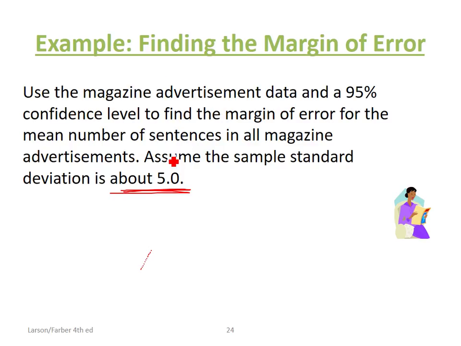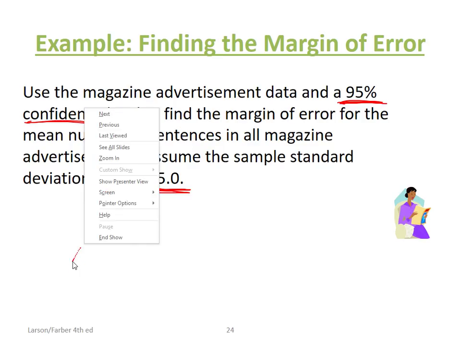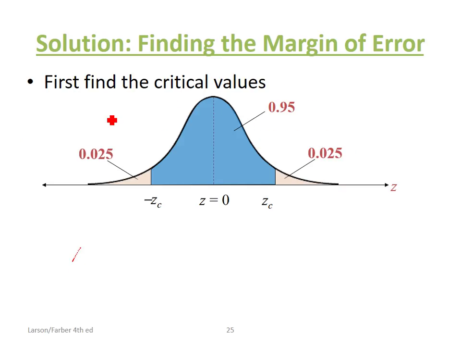We want to be 95% confident that our mean falls in this range that we're going to come up with. And the actual population has a 5.0 standard deviation.